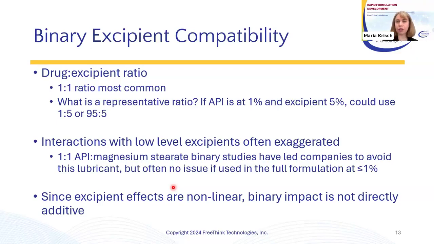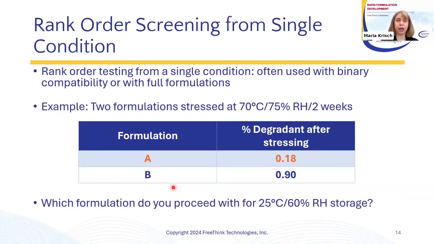And then I'd also like to talk about how we evaluate data. This data can be either from binary excipient compatibility studies or from full formulation studies. This is the question of rank order screening. Once you have some testing of formulations, how do you test them? What are you looking at?